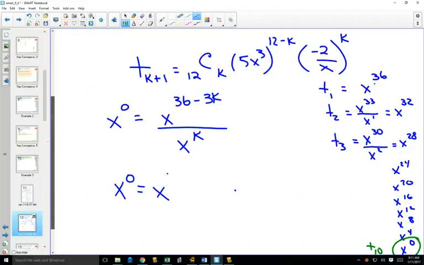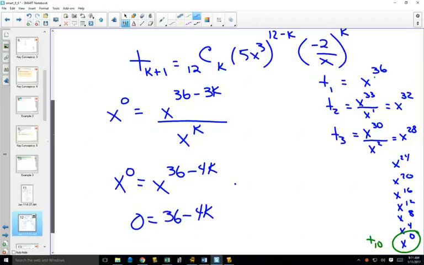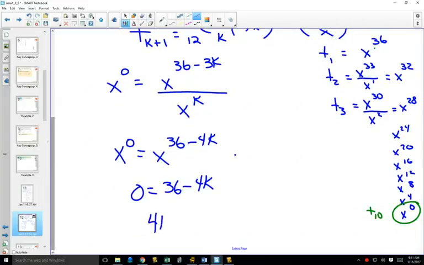Solving this, exponent laws say that we would subtract the exponents, and so we get 0 is equal to 36 minus 4k. 4k is equal to 36, divide by 4, and you get k is equal to 9. So whichever technique you like or you use, you should get k is equal to 9.